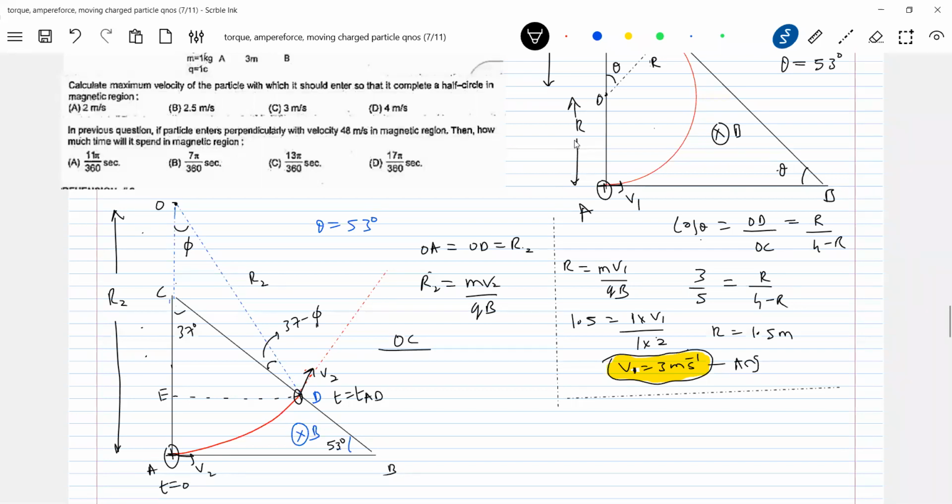Applying sine rule, OC by sine of this should be equal to OD by sine of the total angle, which will be 180 minus 37.